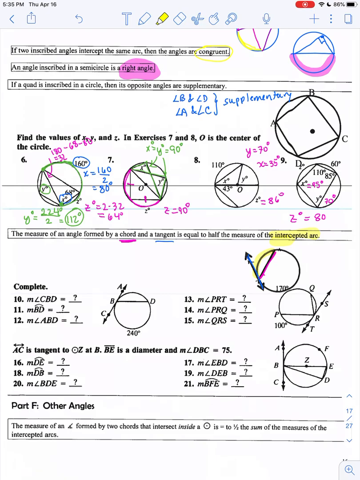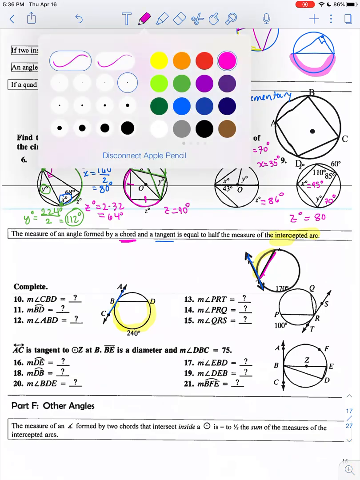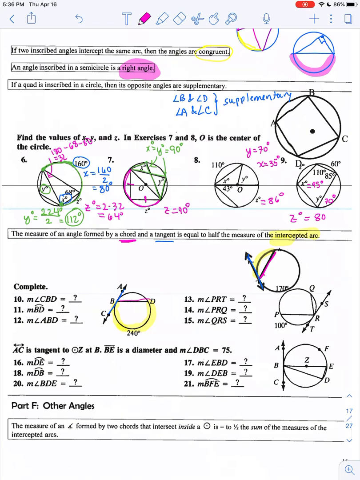On 10, they are asking for the measure of CBD. The intercepted arc is 240 degrees. So if I want the angle measure that is formed by the tangent and by the chord, then I would take half of the intercepted arc, which is 120 degrees. The question then asks, what is the measure of arc BD from there?